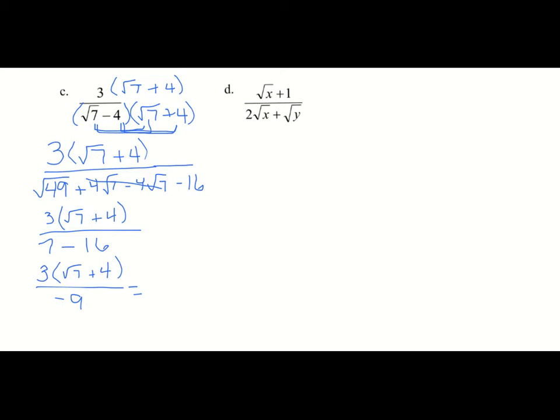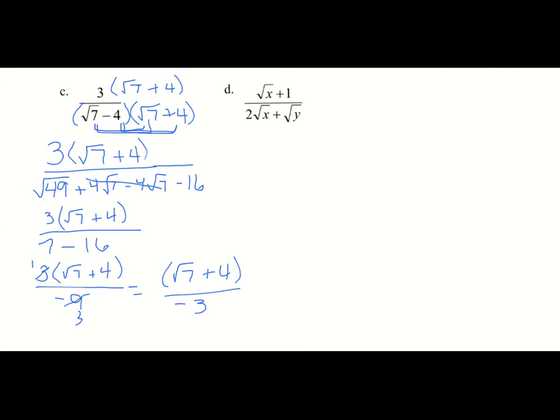So on the top, that 3 becomes a 1, and this becomes a 3. We'll have the square root of 7 plus 4 all over a negative 3. Or you could put the negative at the top. You could have the opposite of the square root of 7 plus 4 over 3. Again, that negative doesn't matter where you put it necessarily.